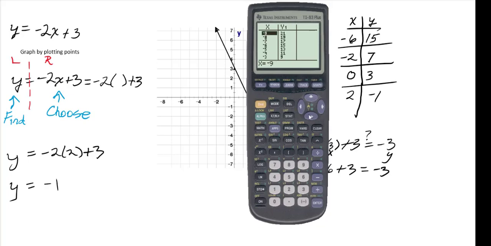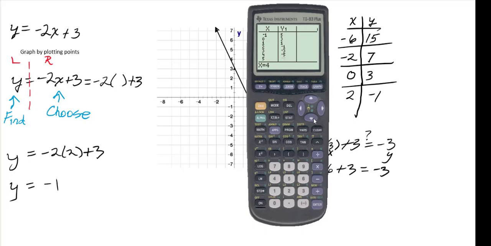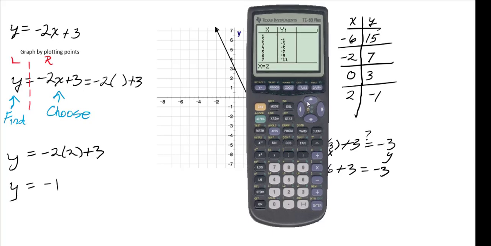And I can press the up arrow to get further lower on the X values to the negatives, and if I press the down arrow, it'll take me further or greater in size of X value.